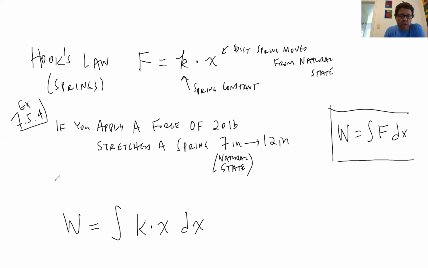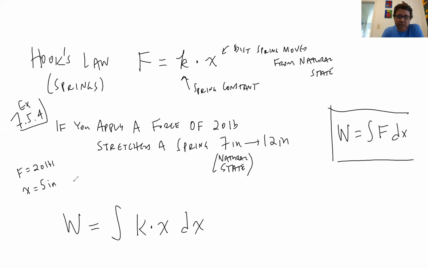So for the spring constant, it says you applied a force of 20 pounds, and it stretched it 5 inches off of the natural state. You might remember this from physics: when the force is 20 pounds, the distance I moved it was 5 inches. Now that's almost enough to figure out the spring constant.